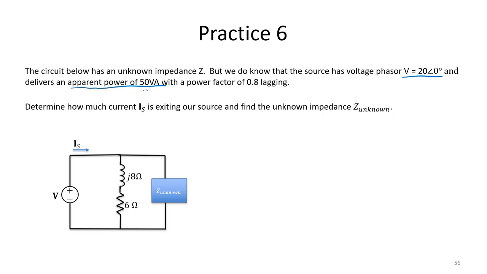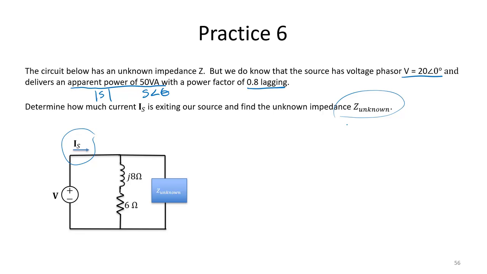Remember, if we write our complex power as S angle theta, apparent power is the magnitude of our complex power. We are also given a power factor of 0.8 lagging. So we're being asked here to find how much current is exiting our source and to determine the unknown impedance.